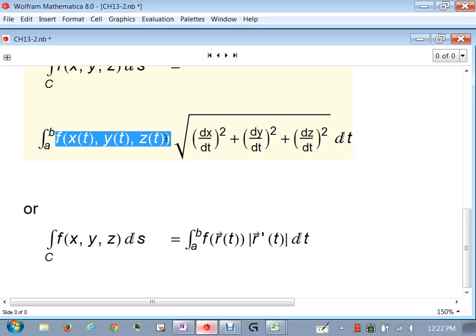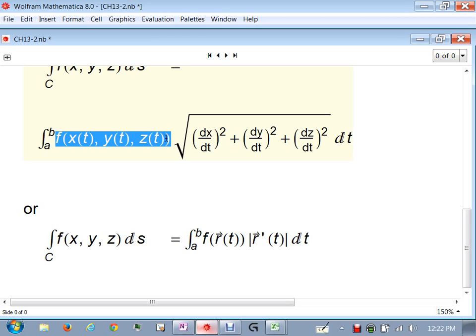Okay, this new notation, look at the new notation we're going to use: f of r of t. It doesn't make a whole lot of sense if you try to think about what's happening, because you're trying to plug a vector into a function.